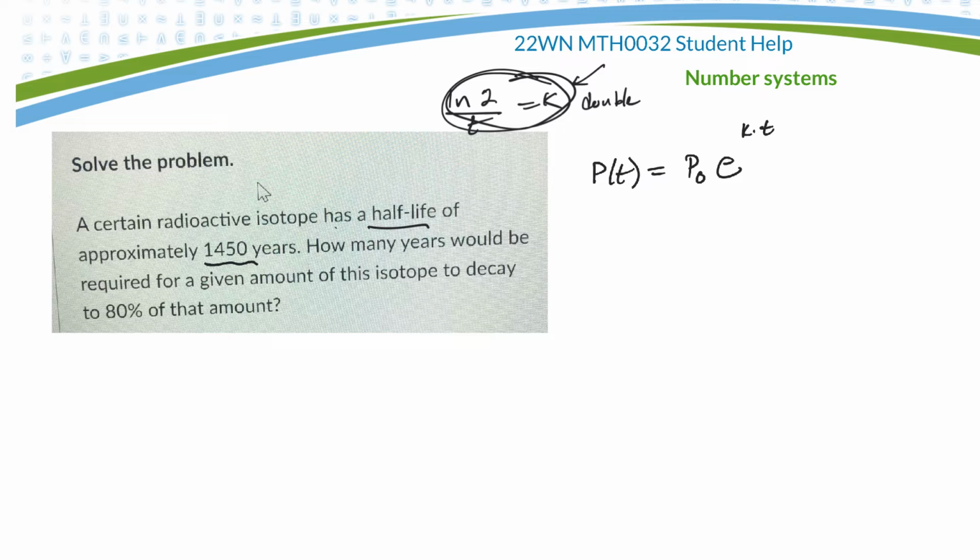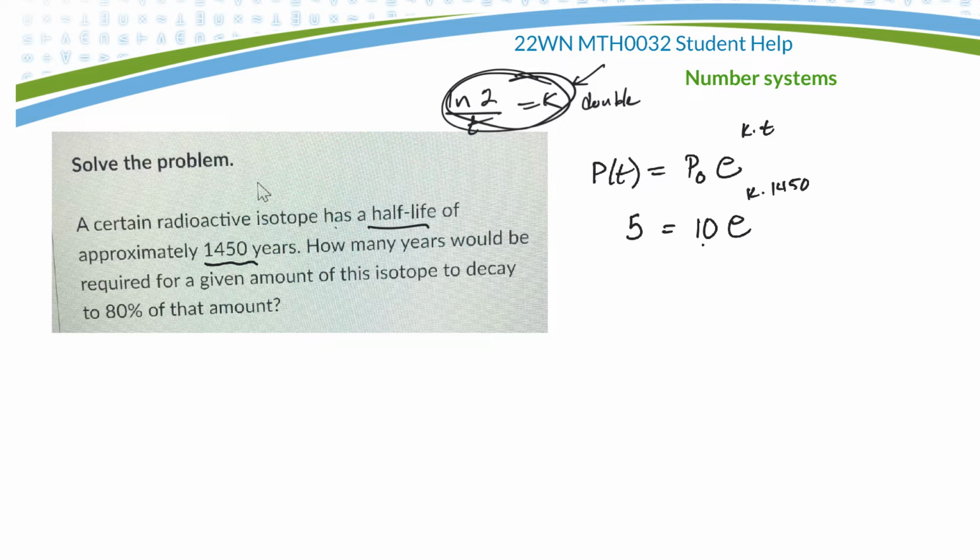So I don't know what it would start with, but it doesn't really matter. Let's start it at 10. So e to the k times, it'll take 1450 years to go from 10 to half of that amount, which is 5. Okay, and then I'll solve this equation. I'll first divide both sides by 10.